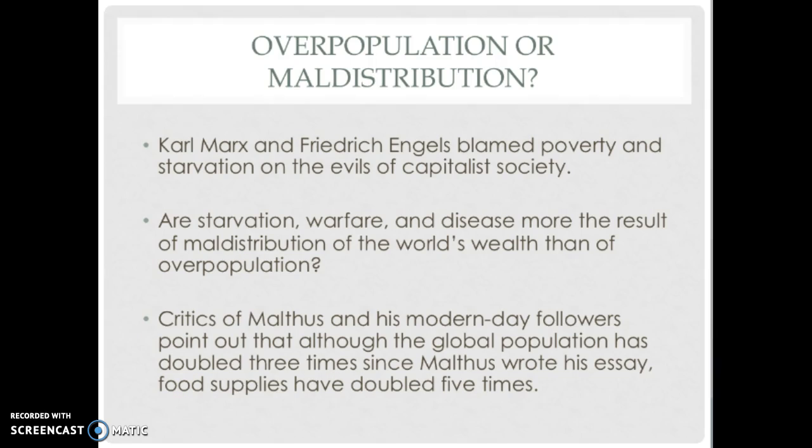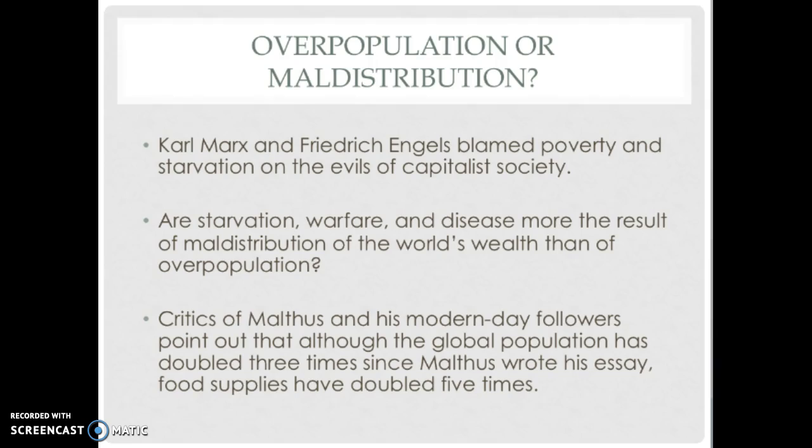An alternative to overpopulation would be the notion of a maldistribution of our food supplies. Karl Marx and Friedrich Engels blamed poverty and starvation not on the overpopulation of people, particularly poor people, such as the Irish immigrants that Thomas Malthus was referring to in the 18th century. We need to keep in mind the large amount of colonialism and oppression going on in Ireland at that time, causing people to flee Ireland and come to the more economically developed England.